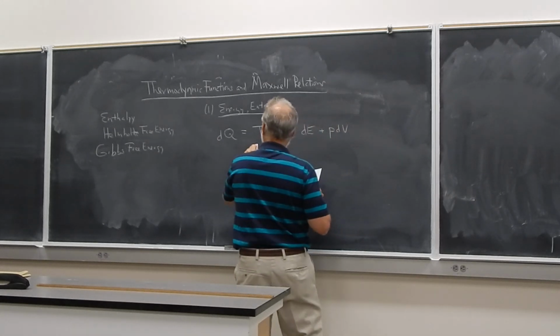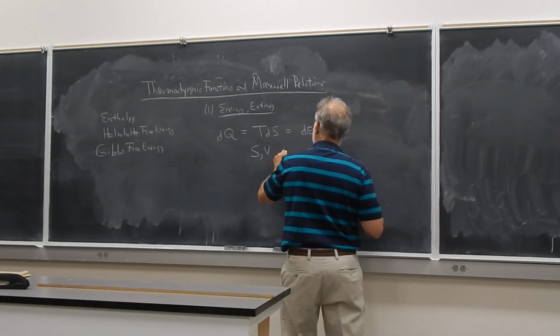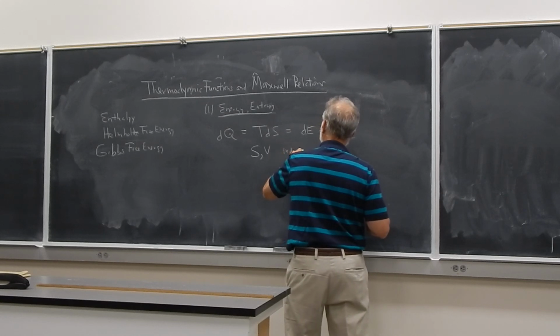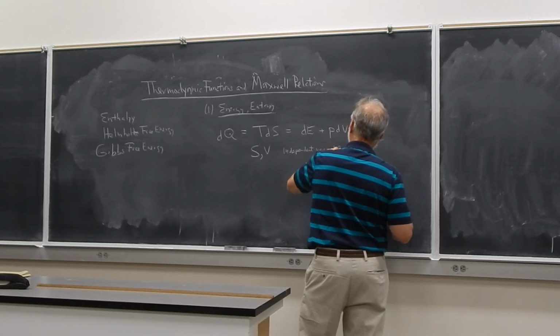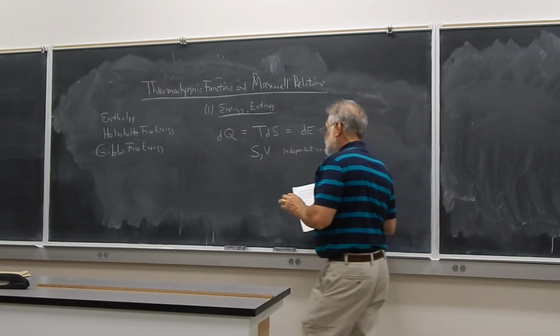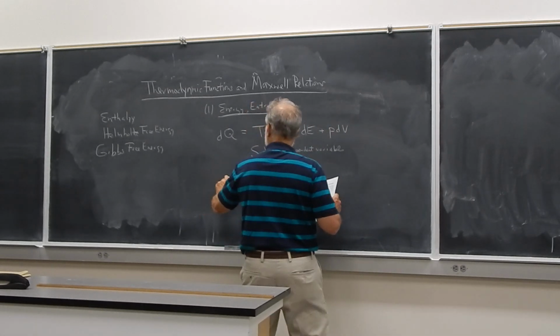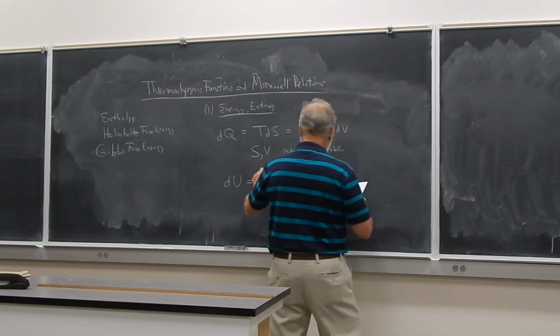We're going to treat entropy and volume as independent variables. And so if I'm going to take a differential of energy, I might write it in the following way.